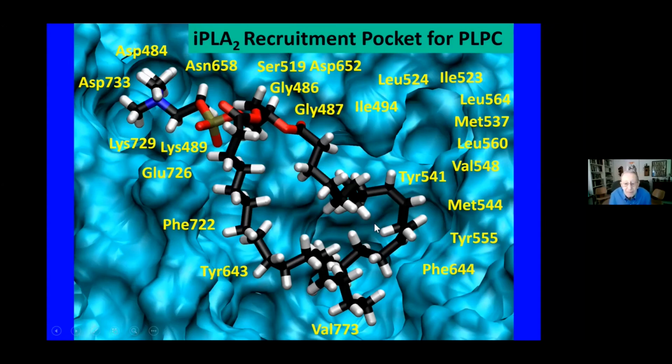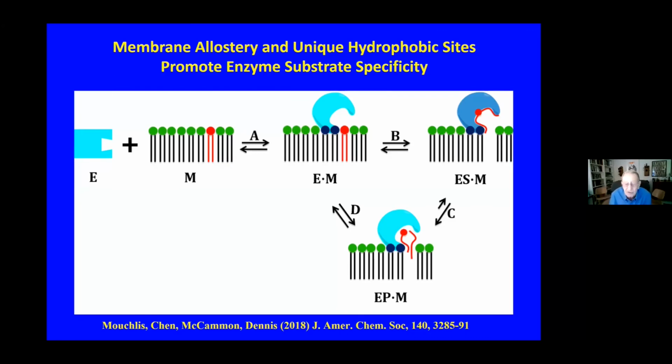The whole point I'm making is that cPLA2 is made to bind arachidonic, and iPLA2 is made to bind linoleic, though it will bind arachidonic poorly. And so these enzymes specify which fatty acid, and that's why it's so important whether a fatty acid is 20 carbons or 18 carbons long, or has 2 double bonds or 4 double bonds.